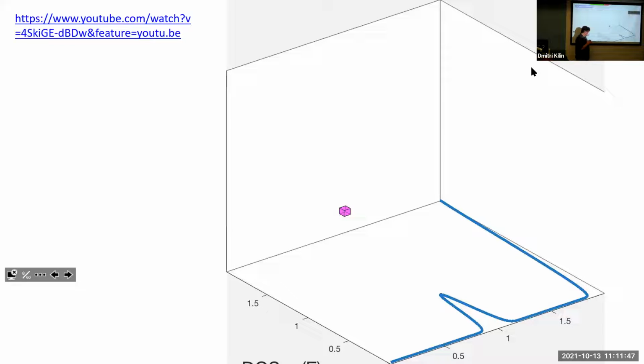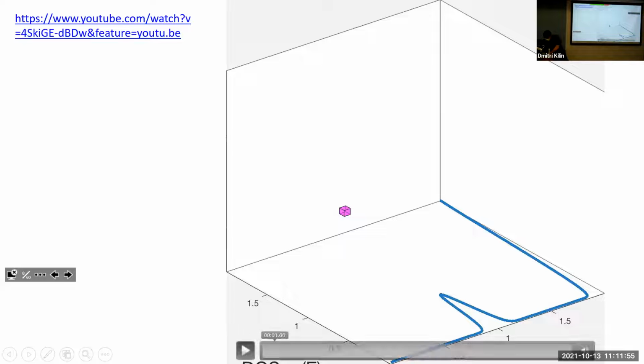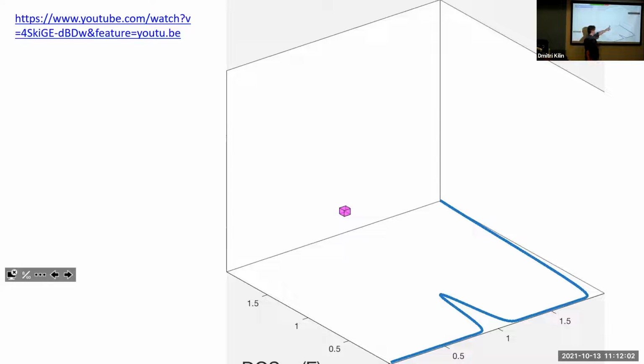I'm going to attract your attention and show a movie. So you will see a three-dimensional box with a certain size, and then the density of states. During class time, we will derive such a density of states by pen and paper.